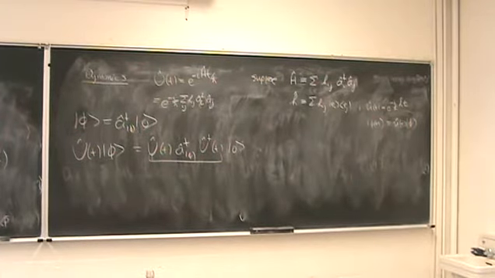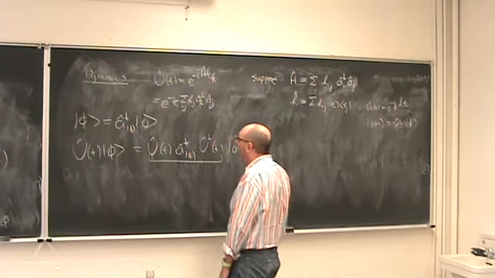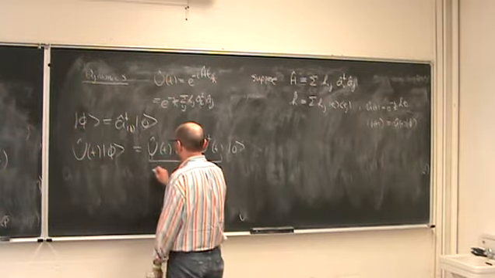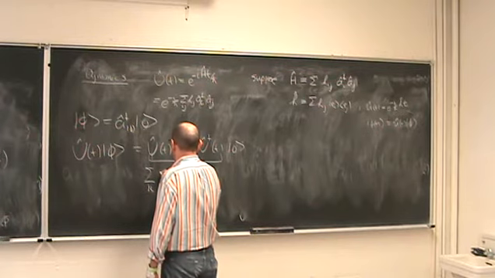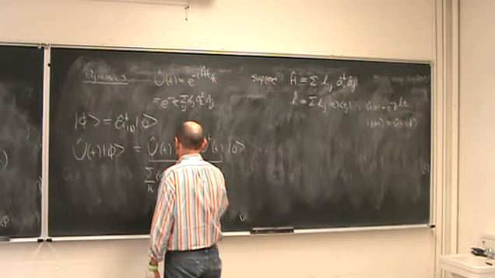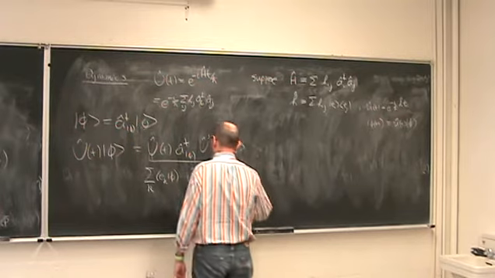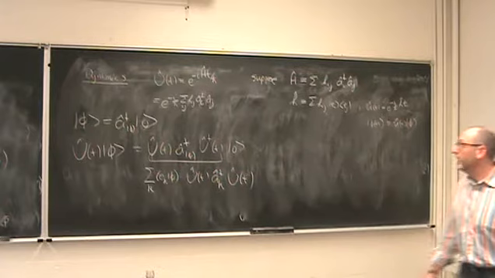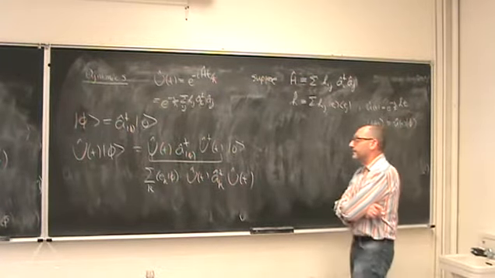Right? Well, what is that? Well, this, I can write this if I want as a sum over k, looking at each basis state, having expressed phi in terms of the basis.